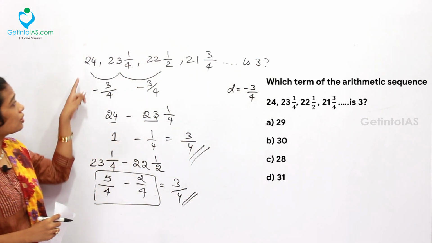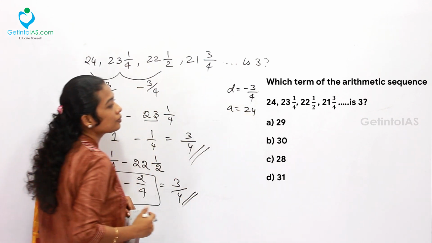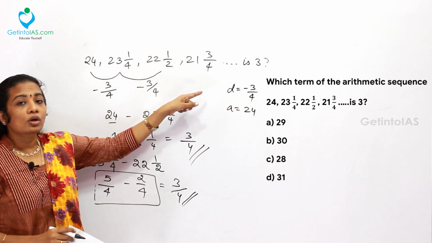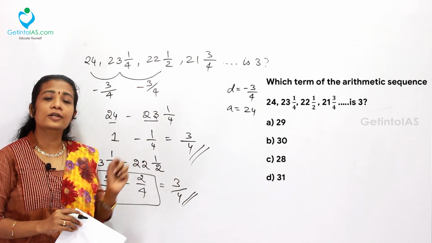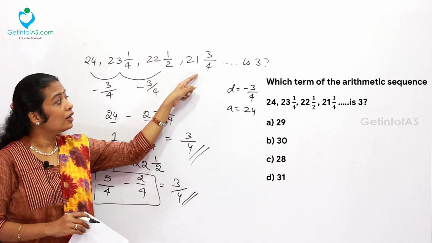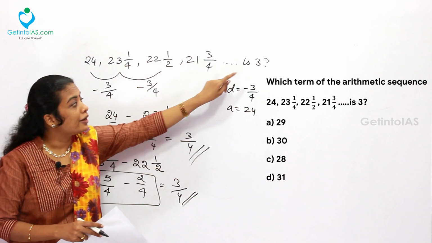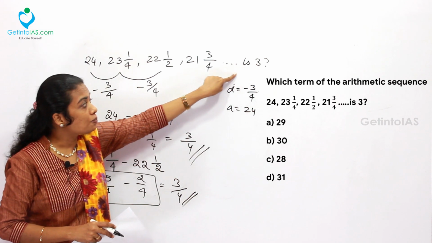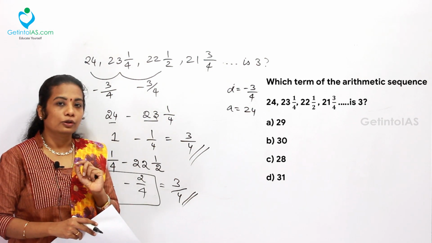So what is the first term? A is 24. Yes, A is 24. Now we don't know which term it is, or where the series is going to end. Also it is not our concern to think about the last term. It is given a particular specific number which is placed at some nth term, and you want to find the nth term.